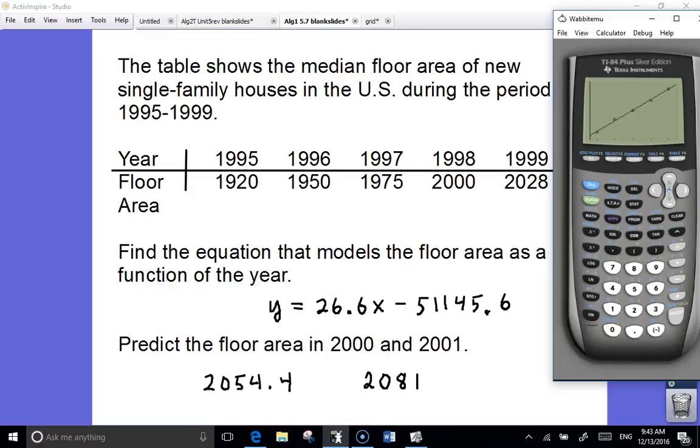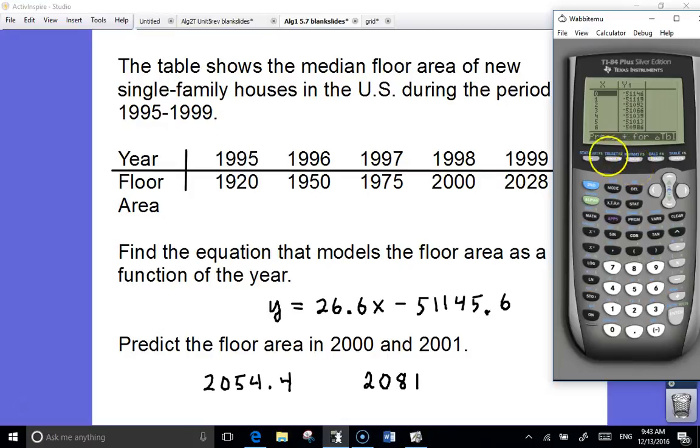Now, I'm going to let the calculator calculate for 2000 and 2001. Now, if I go to the table of values, and it starts at x equals 0, I would have to scroll down until I get to 2000 to be able to answer that question, which is going to take all day, right? So, I could do a couple things.